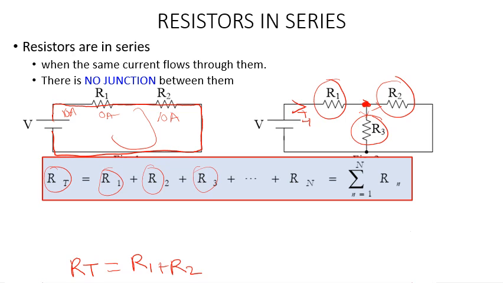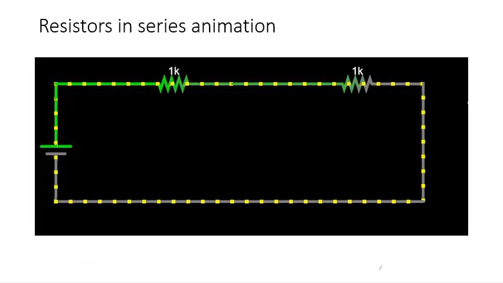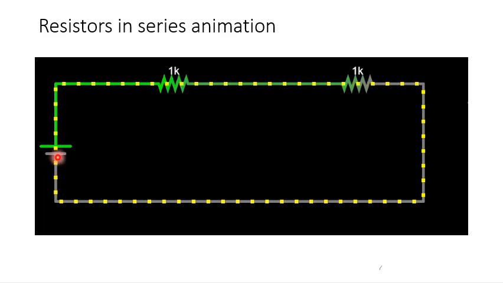Let us move to a simulation. I have a simulation here that will show us resistors in series and how the current flows. You see that the current starts flowing from this voltage source, moves to this resistor, then to this resistor, then to this branch, and then all the way back.